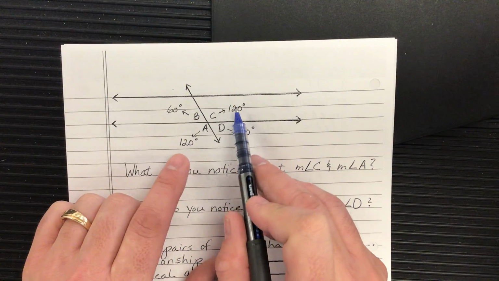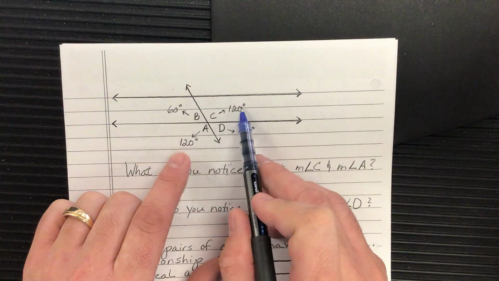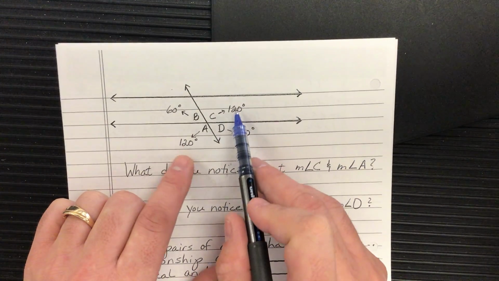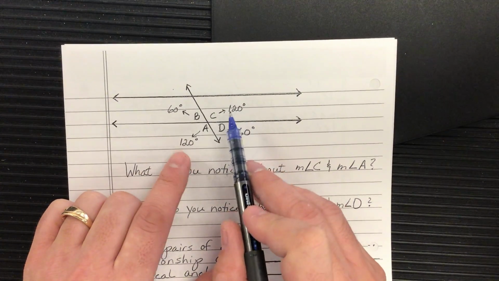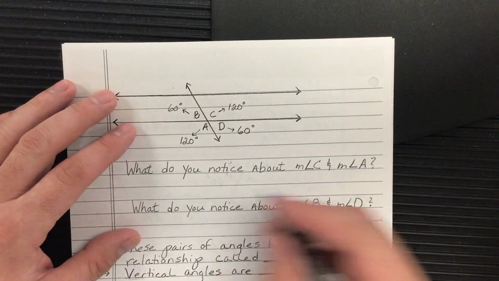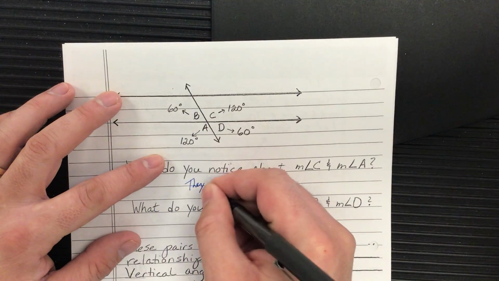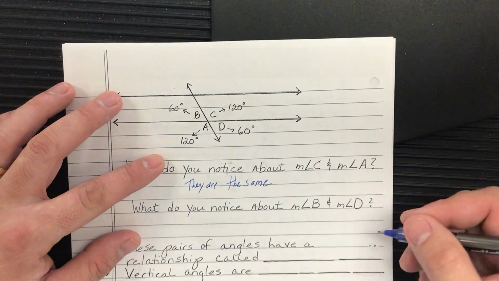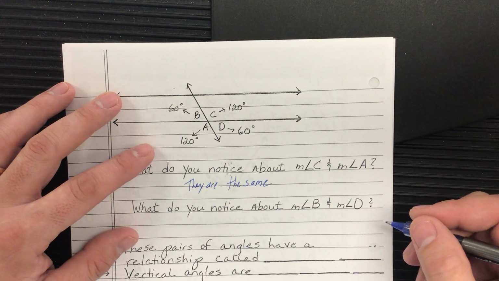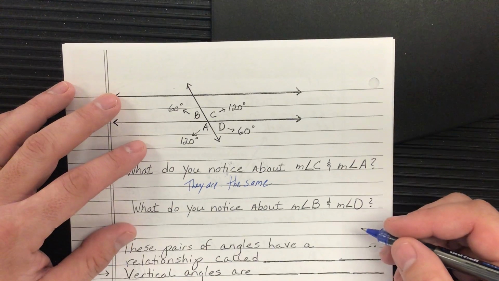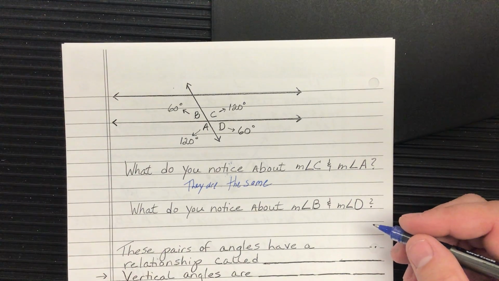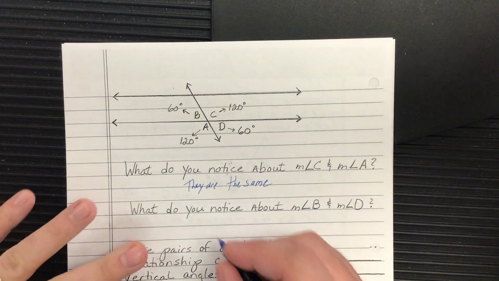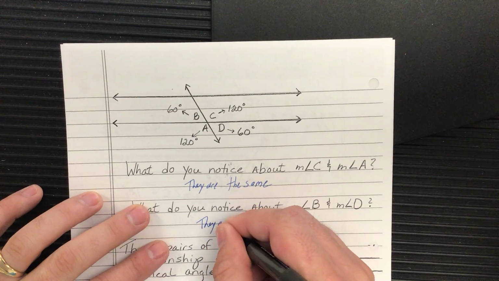They both add up to 180. Asia, what do you notice about C and A? They are the same. They are equal. Caleb, what do you notice about measure of angle B and measure of angle D? They are the same.